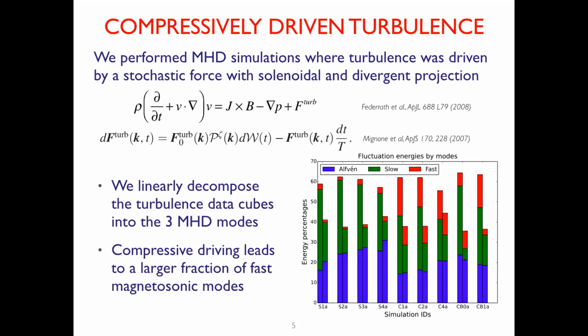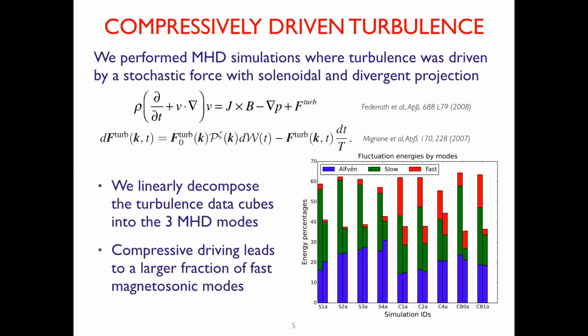A force itself is governed by a stochastic equation, which is shown in the second equation. And the nice thing about this forcing is that you can split the forcing into solenoidal and compressive parts. So you can project your forcing operator into an incompressible solenoidal part and a compressible divergent part.